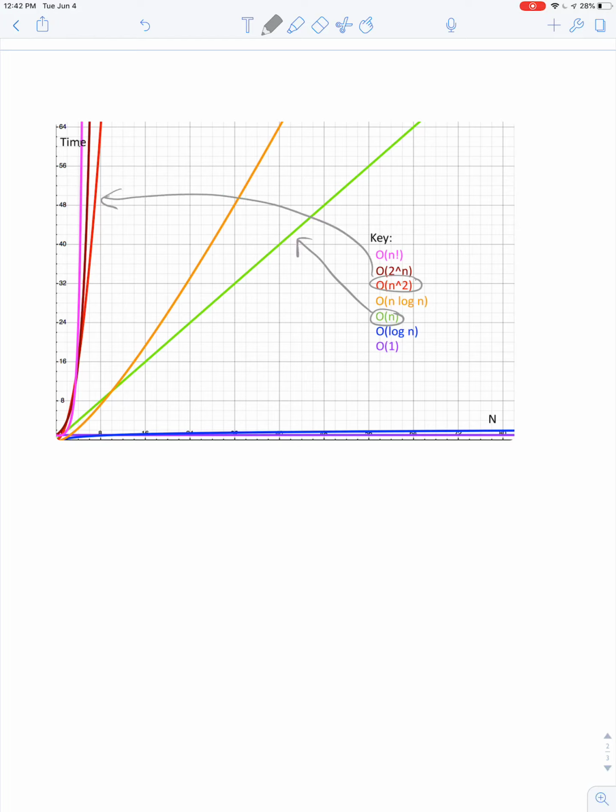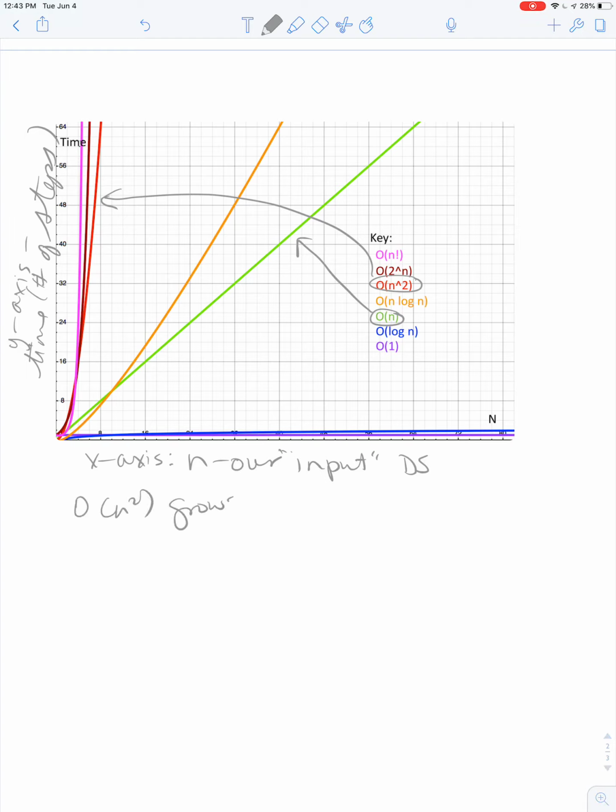So here we have our x-axis, and this is the n, or our input data structure. And then on the y-axis, this is the time in terms of the number of steps. So as you can see, O of n squared grows way faster than O of n.